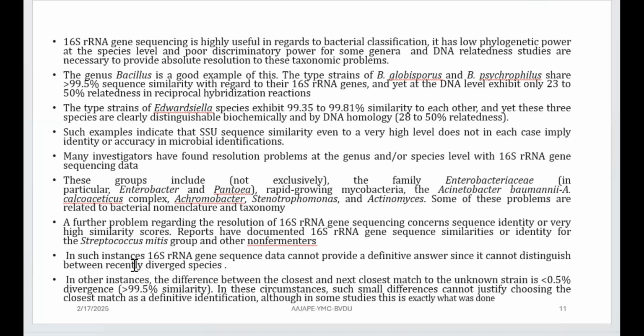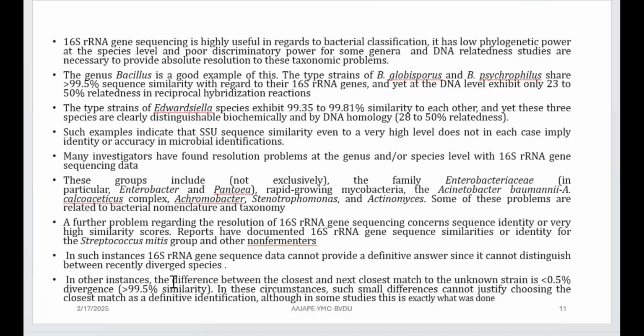Another concern with 16S rRNA is when the difference between the closest and next closest match to the unknown strain is 0.5% divergence. That means 99.5% similarity. In such circumstances, small differences cannot justify choosing the closest match as a definitive identification, right?